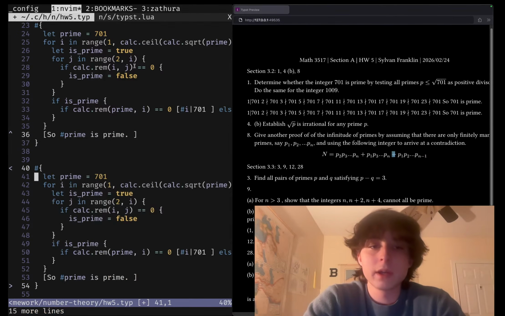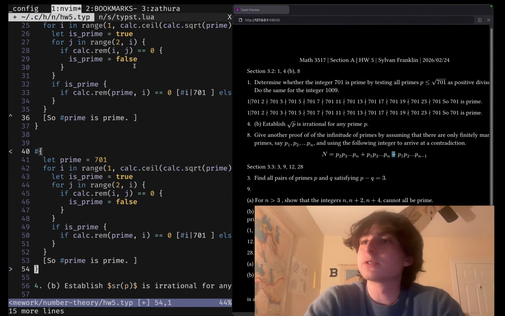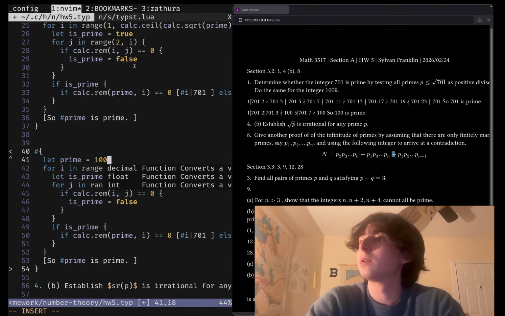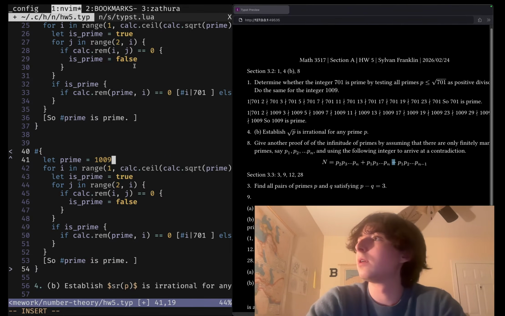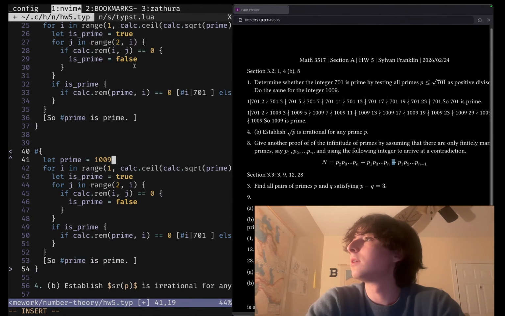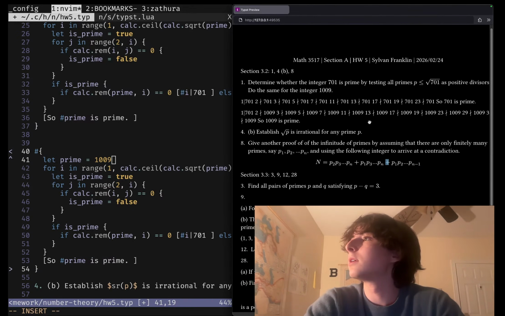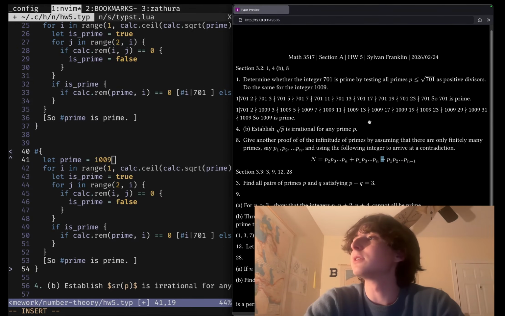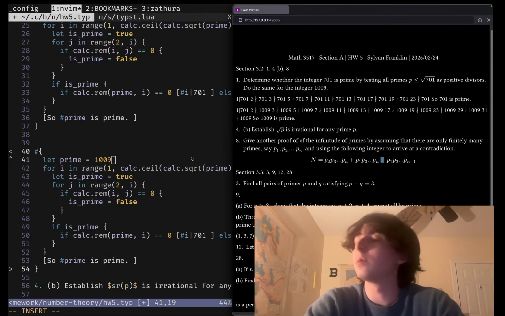Boom. Two does not, 3 does not. 5, 7, 19. I mean, it makes sense actually, because why would anything divide 1,009?